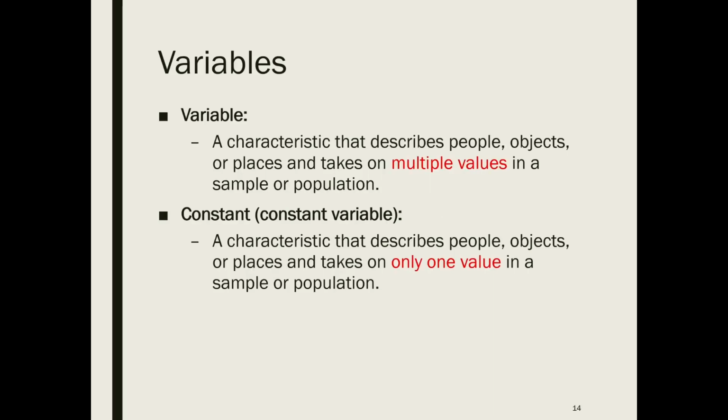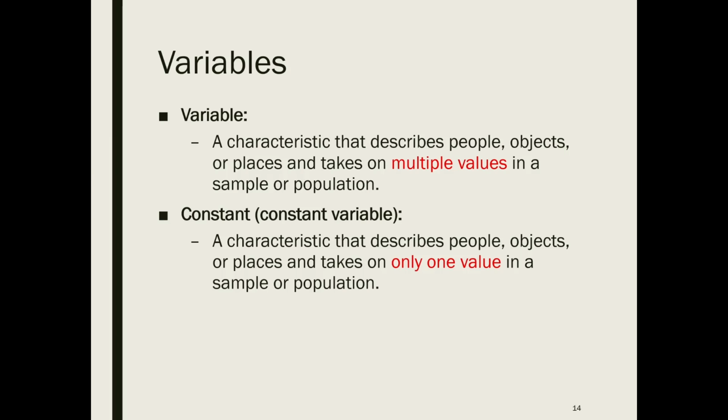Okay, a variable is something that can describe people, objects, places, or any kind of thing in a population or in a sample, that has multiple values. A constant, in other words, the complete term being a constant variable, is a variable that only has one value in a sample or population.